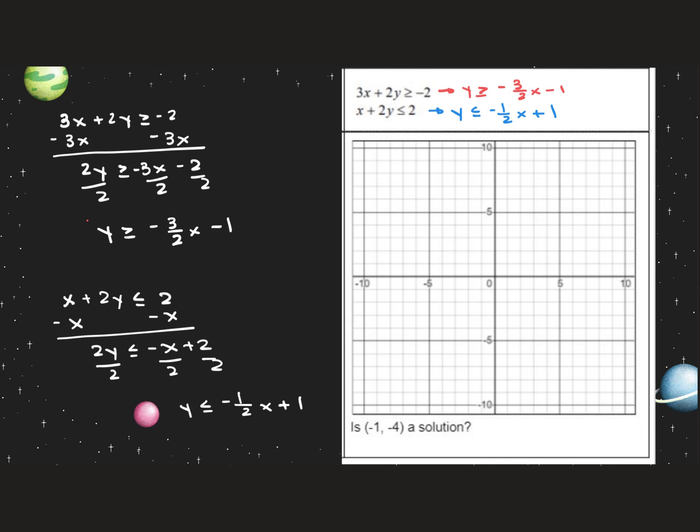All right, so starting with my equation in red, I'm going to start at -1, and I'm going to go down 3, over 2, down 3, over 2, down 3, over 2. Up 3, over 2.